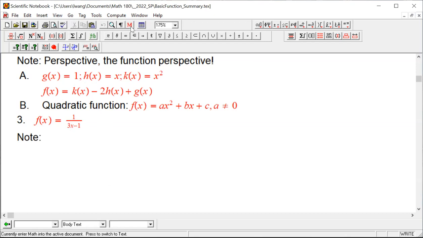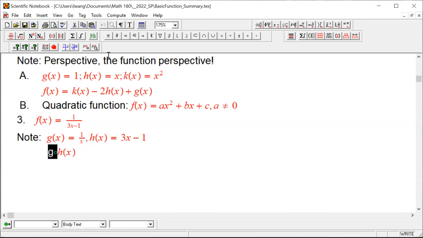Well, we can see a g function as 1 over x, and an h function, which is going to be 3x minus 1. And f of x is going to be g composite h.